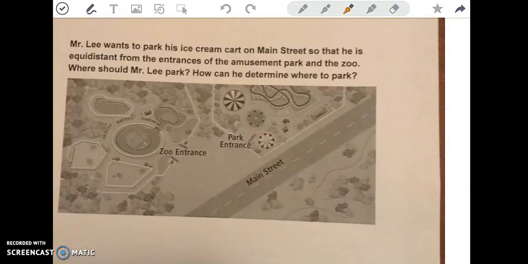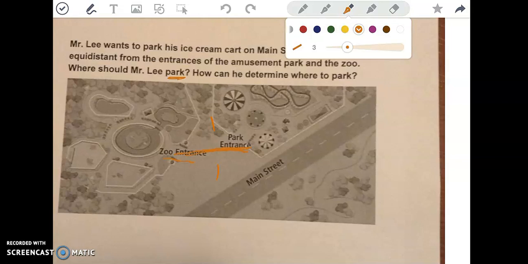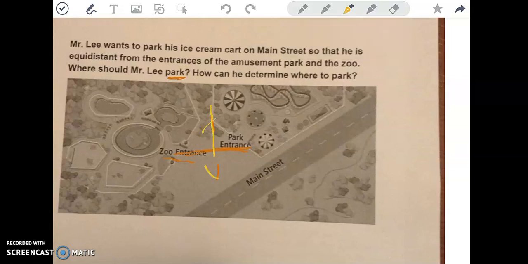Okay? Now, if we were using compasses, like we have a little bit before, what you would do here to try to find something that is equidistant is, it says, where should he park so he could be equidistant between the zoo entrance and the park entrance. Okay, so basically what you would do is you have a segment here, and you would draw your arcs, connect your arcs, and keep it going all the way down with a straight edge.